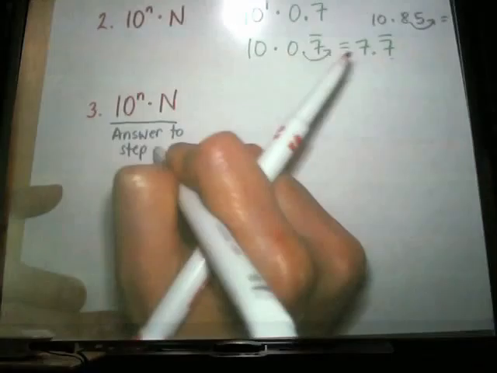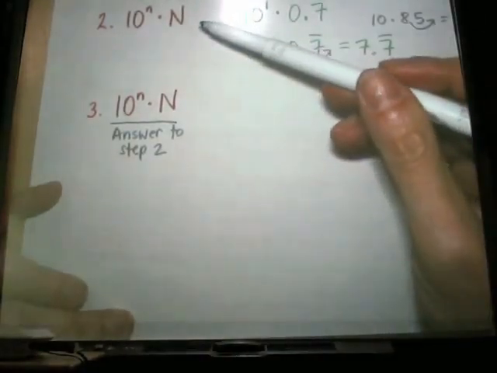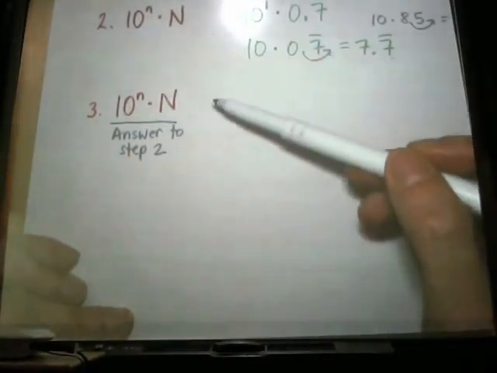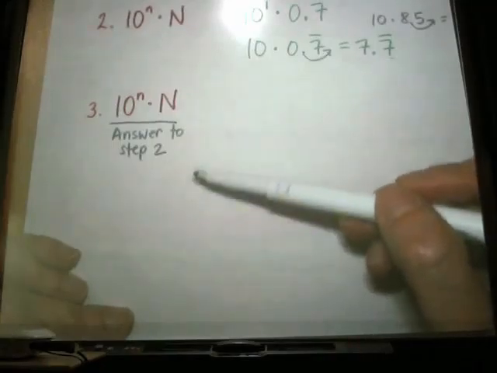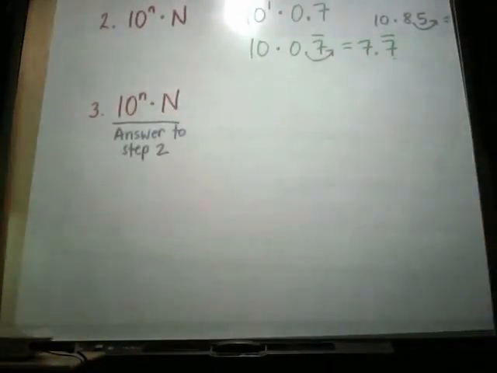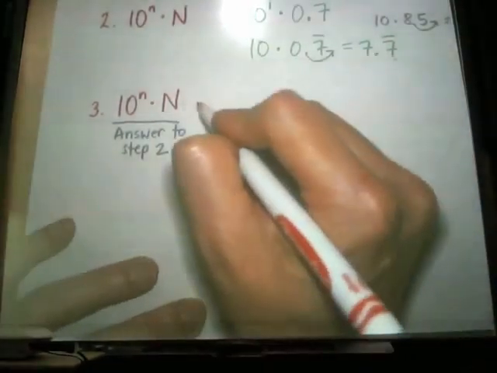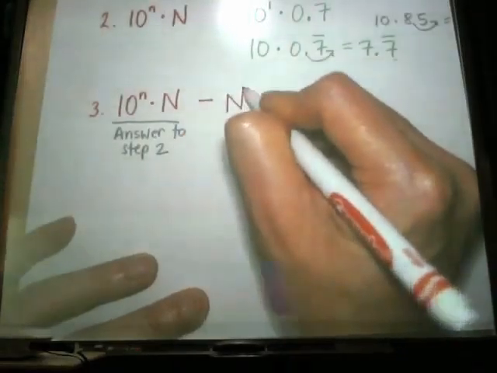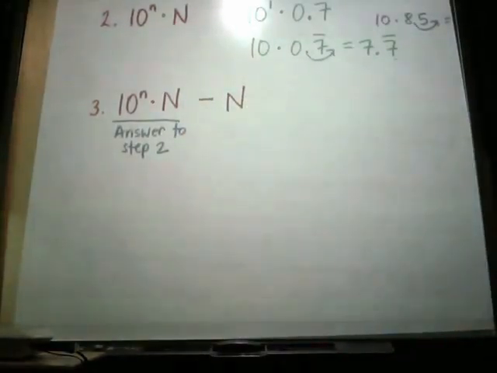Step 2. Notice what we did up here in step 2, 10 to the little n times the big N. So I'm gonna take that answer. Again, on the left side, I'm showing the pattern of what we do. And now we're gonna subtract our original number from it. I promise we're almost done. I know it's confusing.